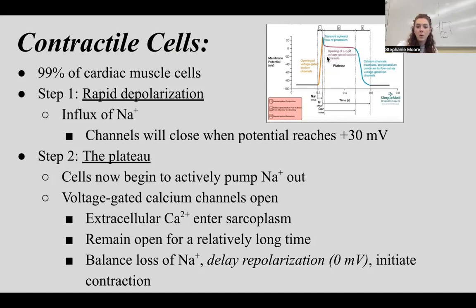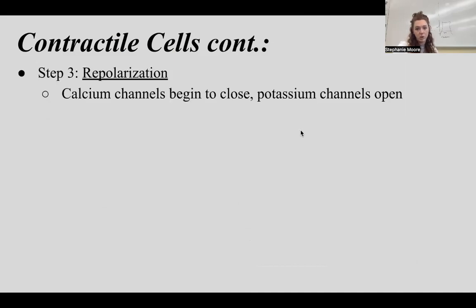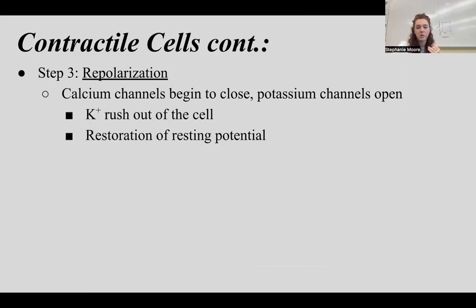So we have opening of voltage-gated calcium channels, and so we're remaining neutral at 0 millivolts. Then we have the quintessential repolarization, which means we're closing calcium channels, opening potassium, potassium rushes out of the cell, and so we're back to our resting membrane potential.